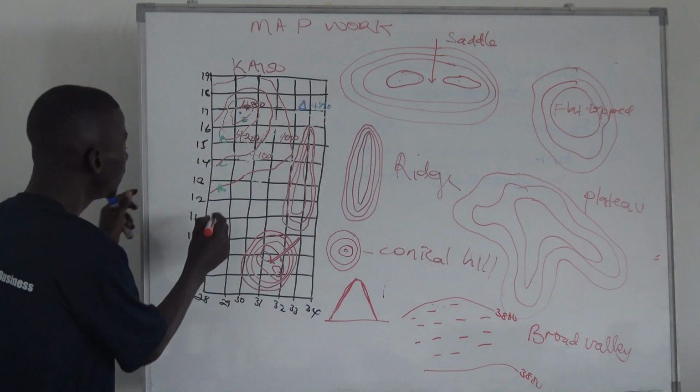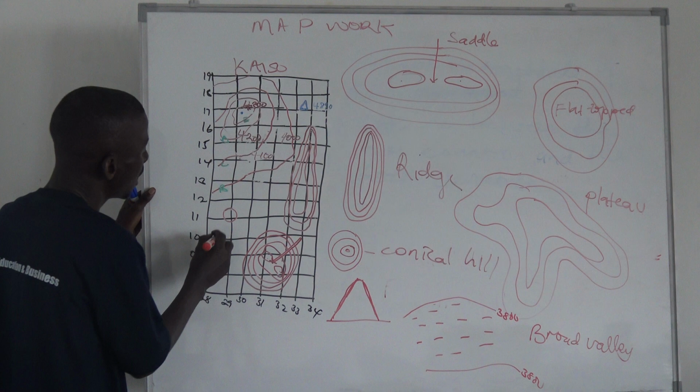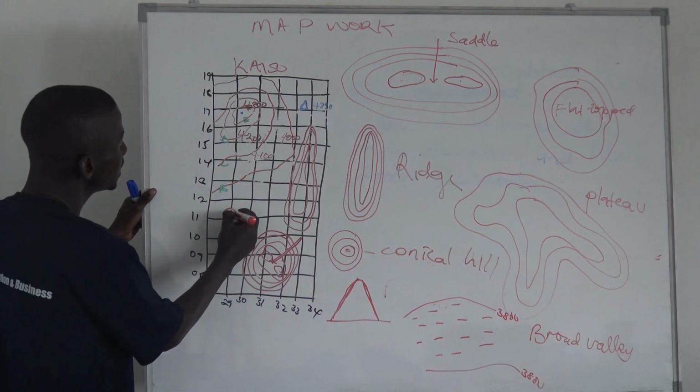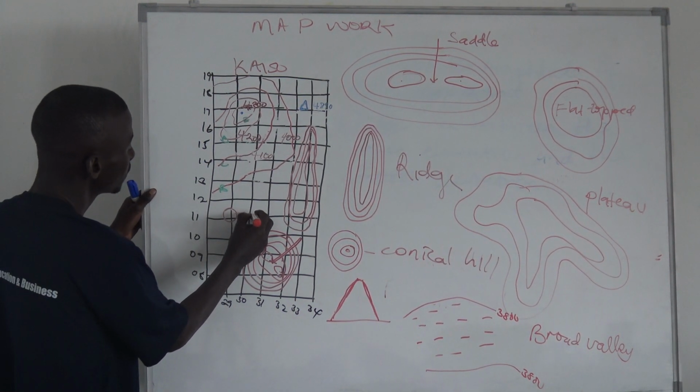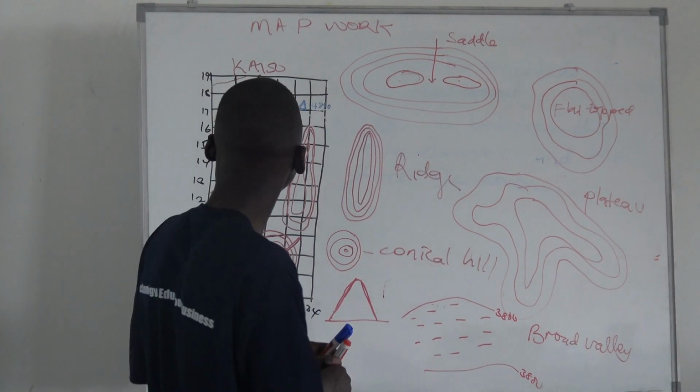Sometimes in the map you find an area with only one circle like that, and maybe it has a figure 4,000. This one is called an isolated hill or a knoll.